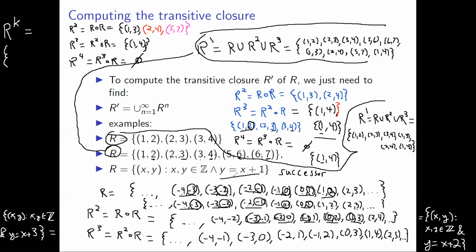So r to the 1, we had y equals x plus 1. R squared, we had y equals x plus 2. R cubed, we had y equals x plus 3. And so r to the k, we're going to have y is equal to x plus k, and both x and y are integers.